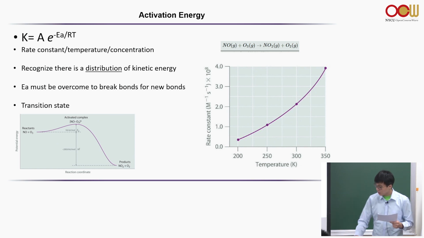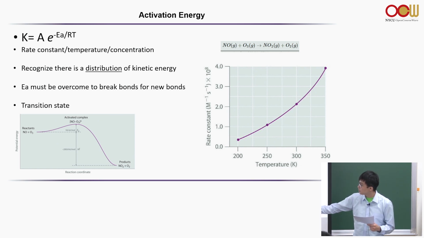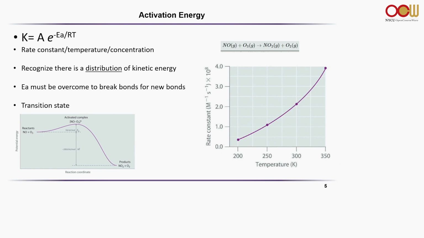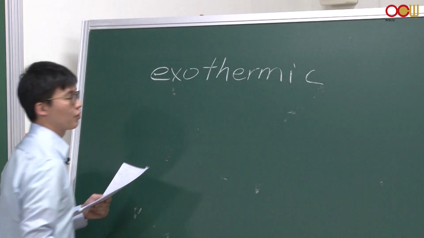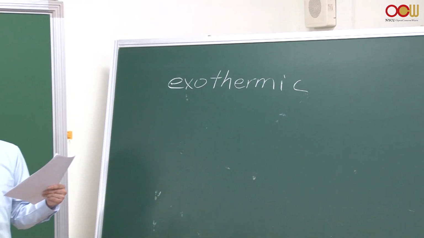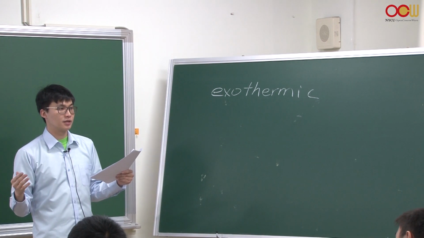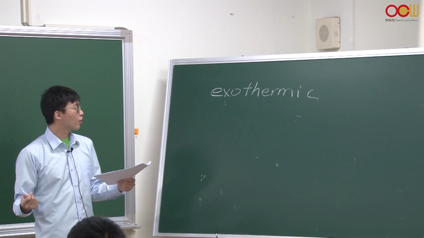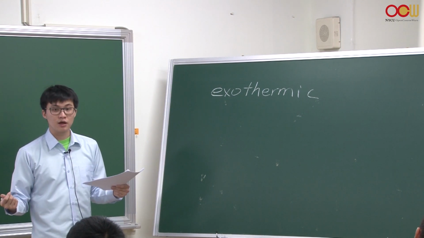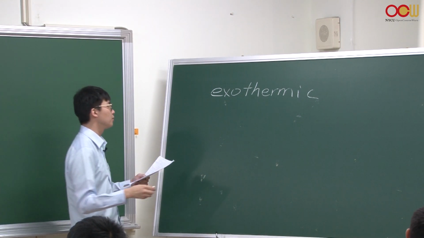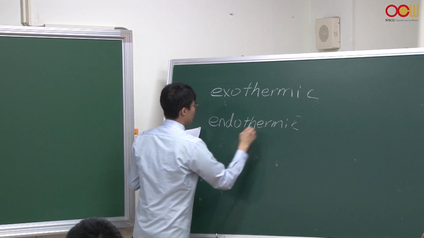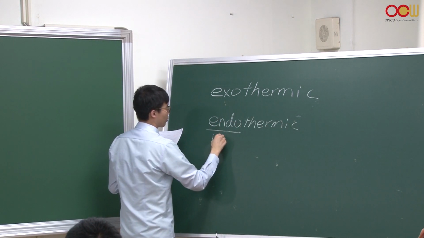So the very important concept here is that when you see your product energy level is lower than your reactant, it's an exothermic process. So that means it releases heat, okay? When you see exotherm, that means the amount of heat being released. The opposite of an exothermic reaction would be endothermic. And this means internal, okay?